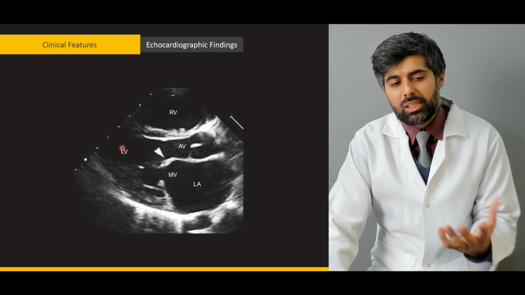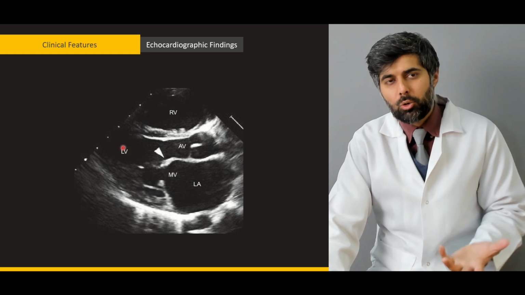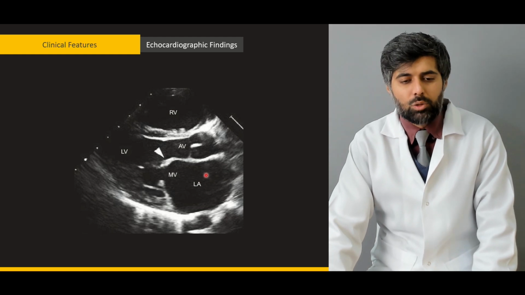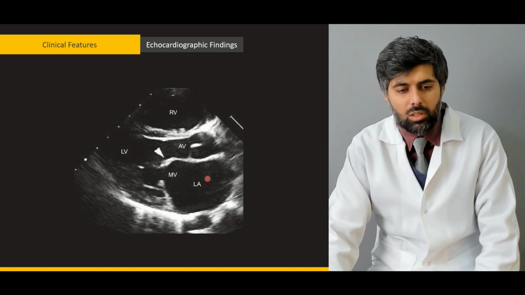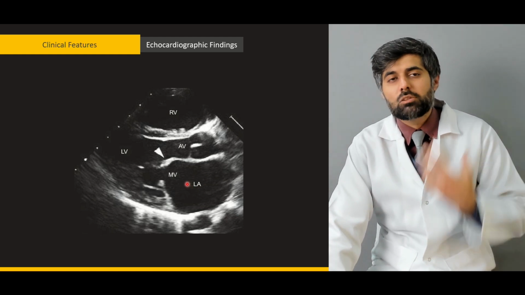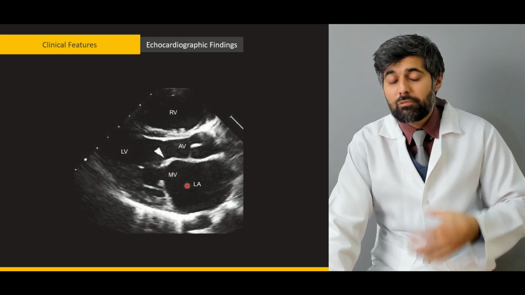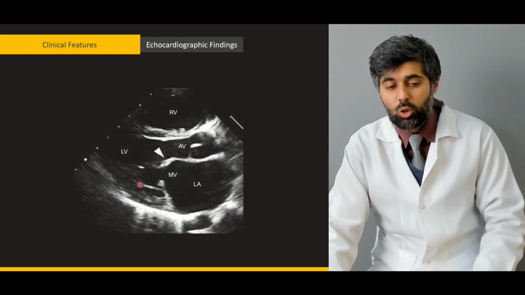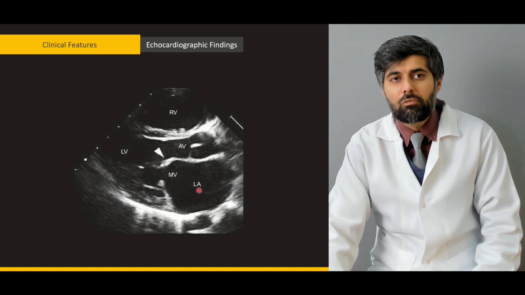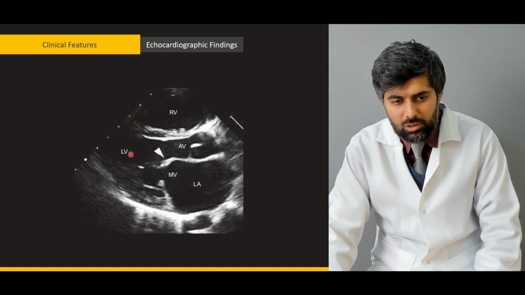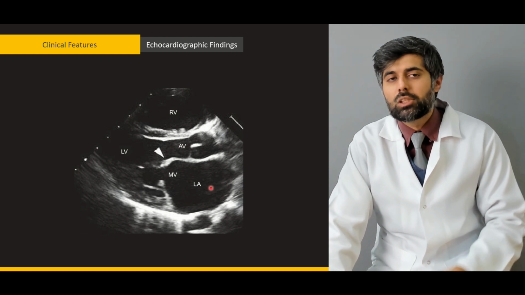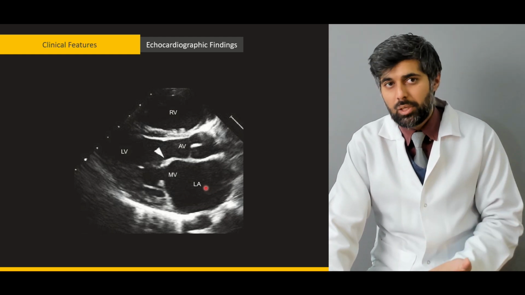Before it is ejected into the aorta, it will then rebound and reflux back into the left atrium. So the ejection fraction of that patient will be severely decreased because of the regurgitation in the mitral valve, the reverse flow of the blood in the opposite direction to what it should have been.